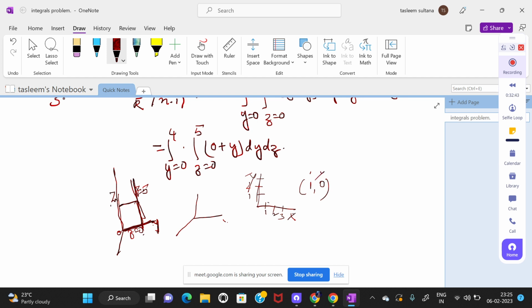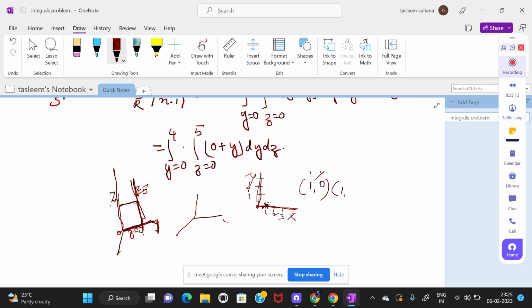So this is my y values, and this is my x values. So what do I have to mark? x is equal to 1 and y is equal to 0. Where are you going to mark it, on horizontal or vertical? Horizontal. All right, horizontal you said. So here you are going to mark x equal to 1 and y equal to 0.